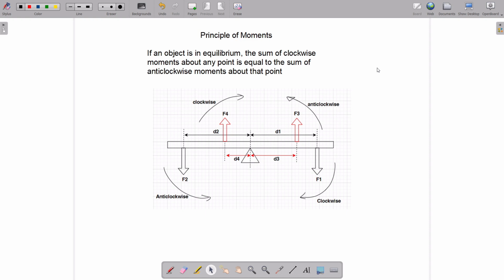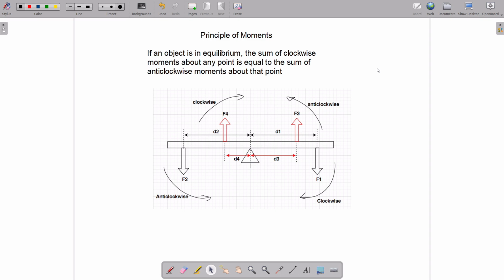so we first need to understand what it means for an object to be in equilibrium. If an object is in equilibrium, then basically we mean that the object is balanced. What that means is the net force on that object is zero, and the net turning effect or the torque on it is also 0.